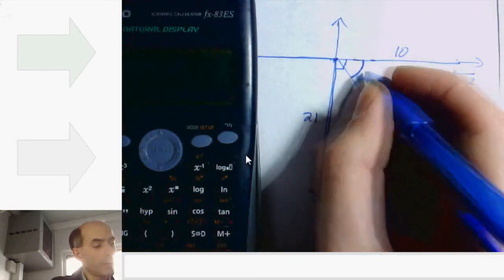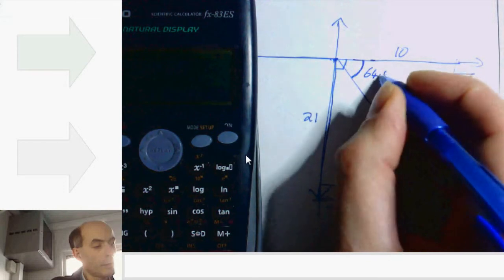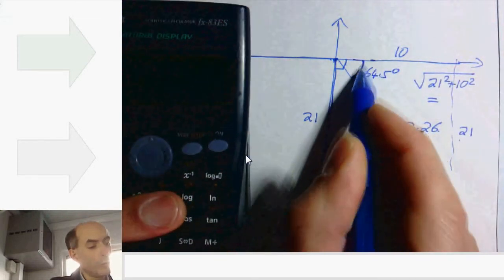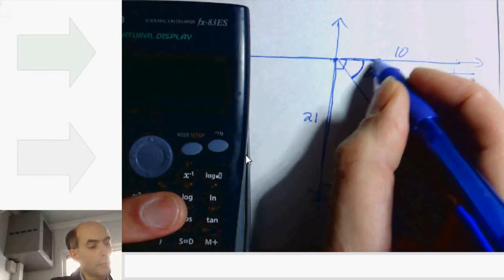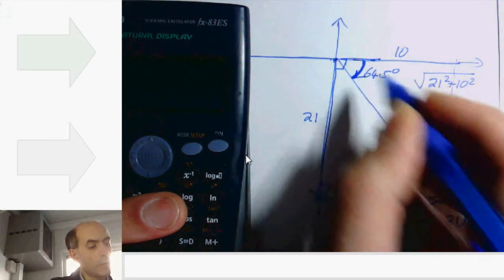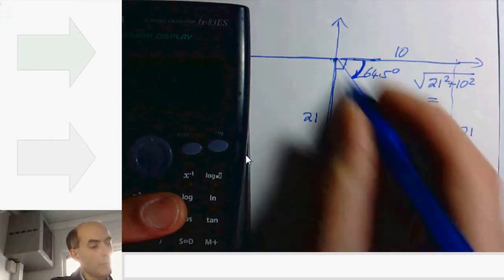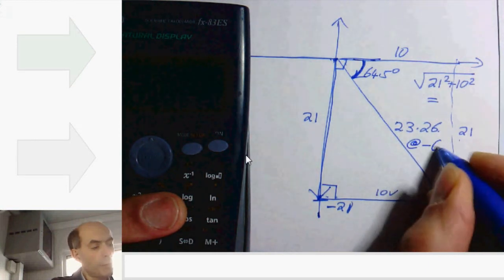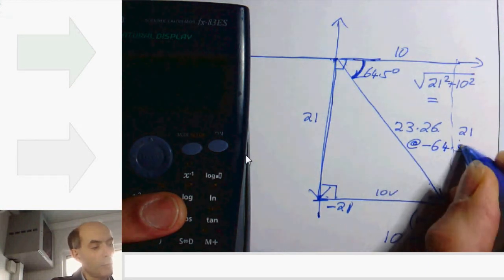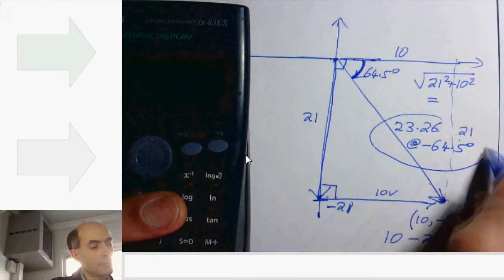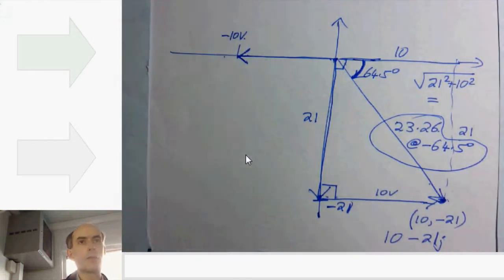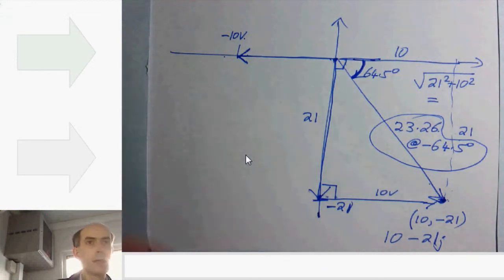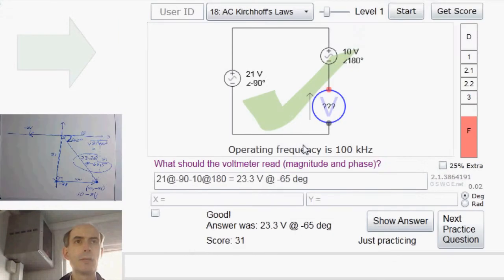So this angle here is 64.5 degrees. But we're going clockwise to get from the zero phase down to this phasor here. So that makes this phasor 23.26 at minus 64.5 degrees. And that's how I would work out the answer if I didn't have a calculator that could do complex numbers.